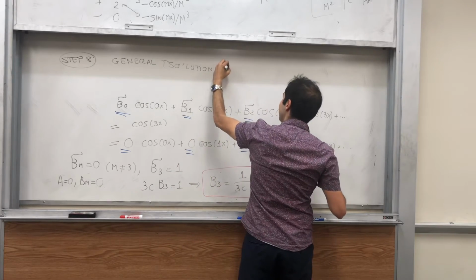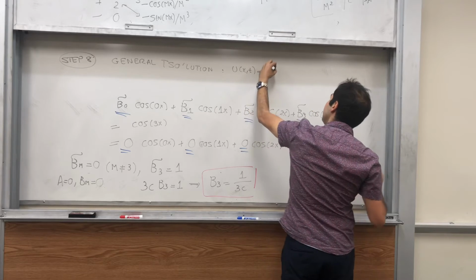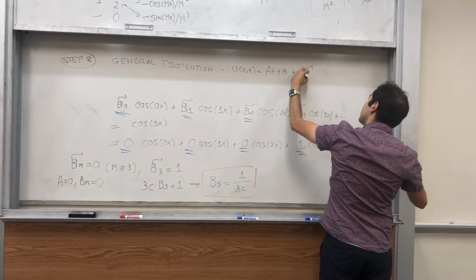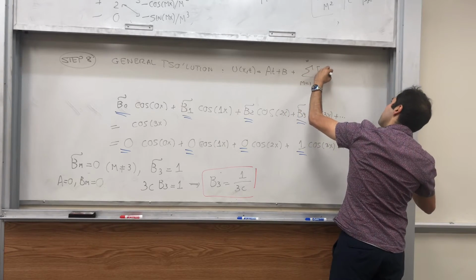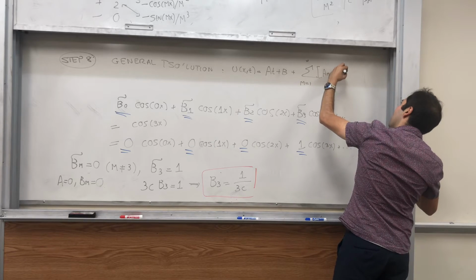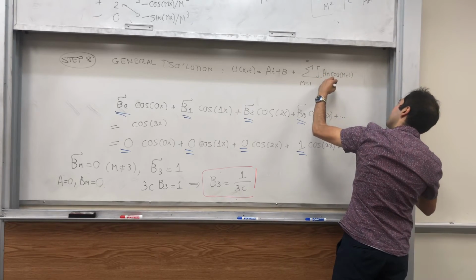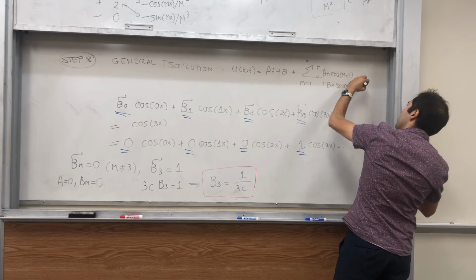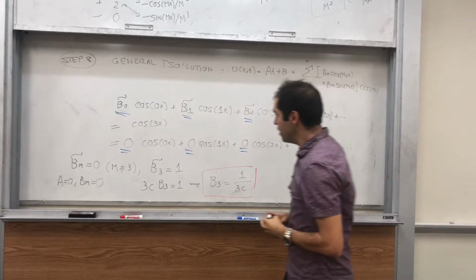So u(x,t), I'd like to remind you, it's, I think, a plus b, plus the sum from 1 to infinity of am cosine of mct plus bm sine of mct, times cosine of mx, with what values?